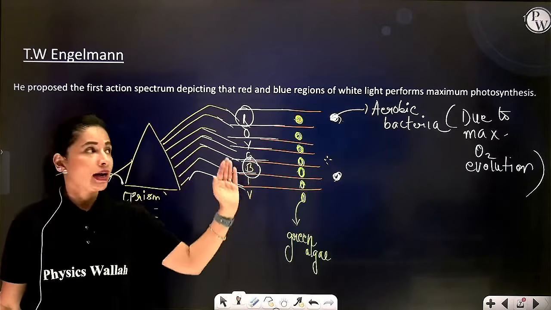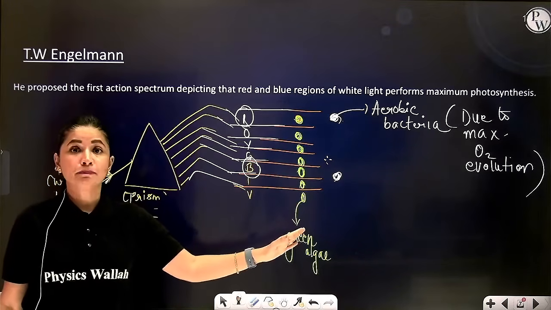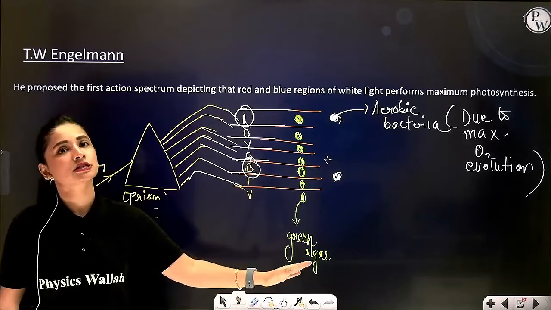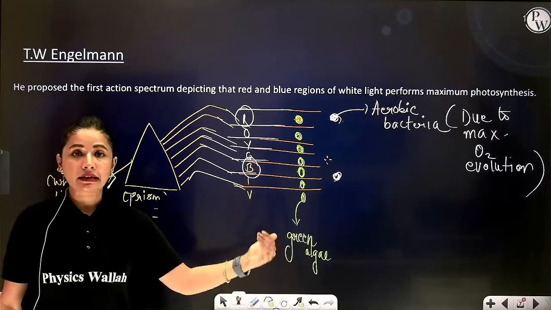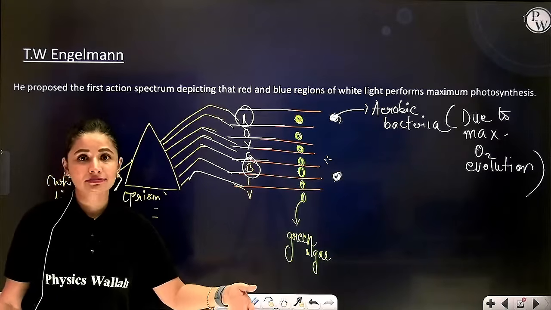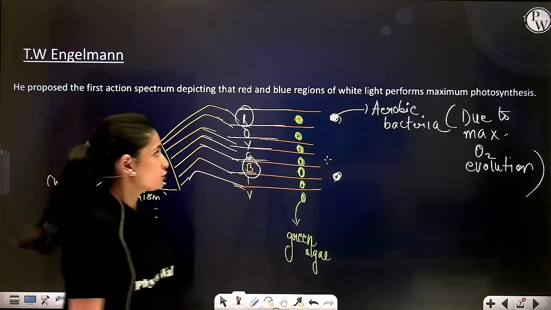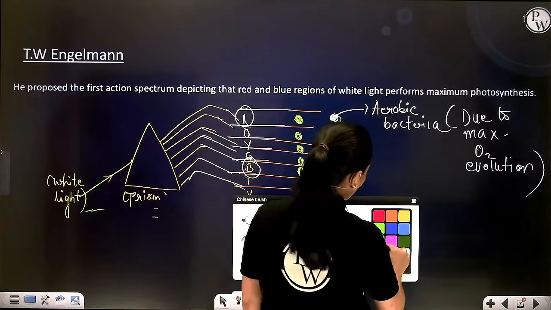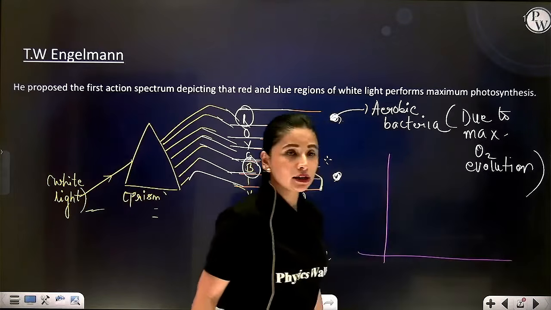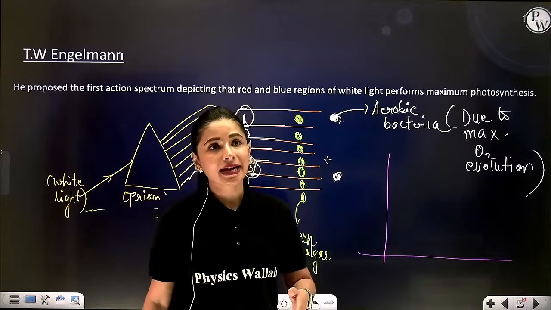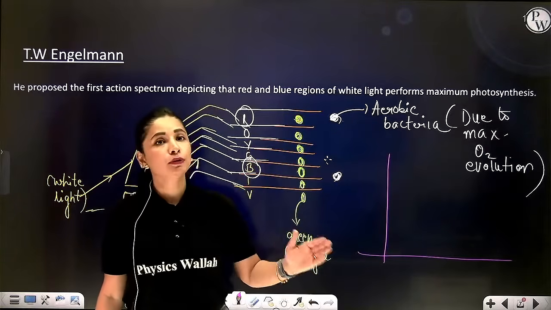And with the help of this experiment, he plotted a graph called action spectrum. Action spectrum means that telling the rate of photosynthesis is maximum in which region. So with this, he plotted a graph which is depicting the rate of photosynthesis is maximum in red and blue region.